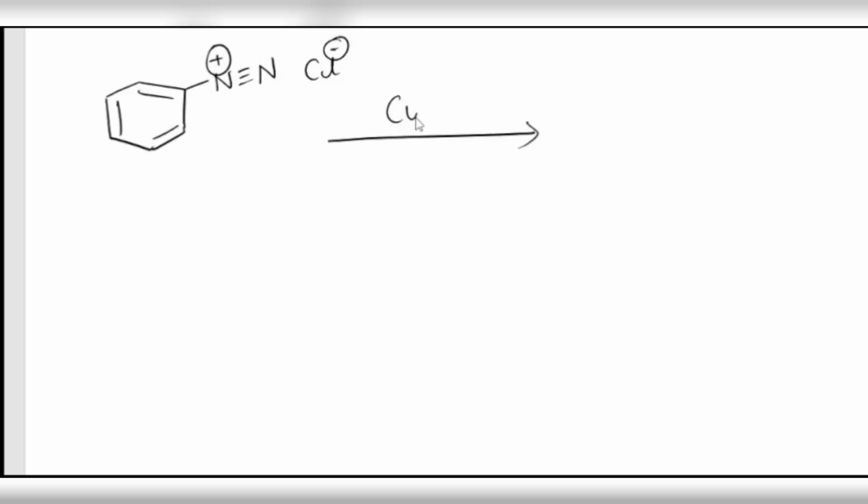And in the next step, if I want to convert the aniline to phenol, I have to first prepare benzene diazonium chloride by diazotization, and after diazotization, I will be treating that with copper 1 salt, that is Cu2O, correct?